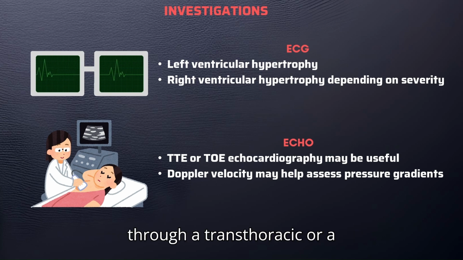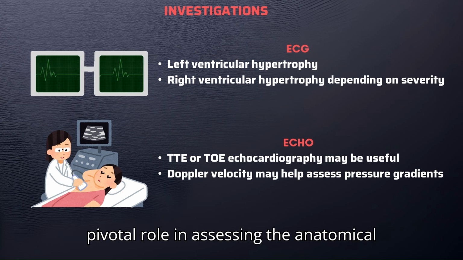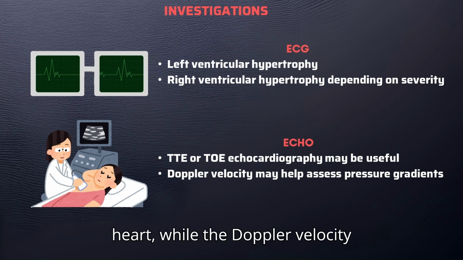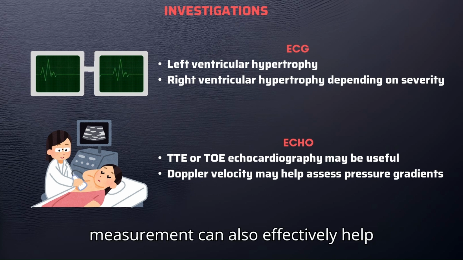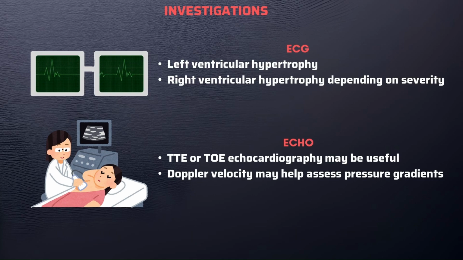Echocardiography, whether through transthoracic or transesophageal methods, still plays a pivotal role in assessing the anatomical as well as the functional aspects of the heart, while the Doppler velocity measurement can also effectively help determine the pressure gradient across the coarctation.